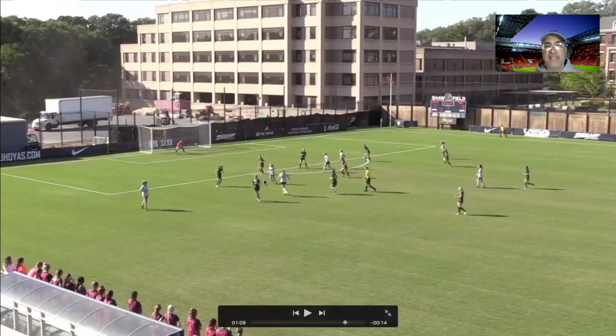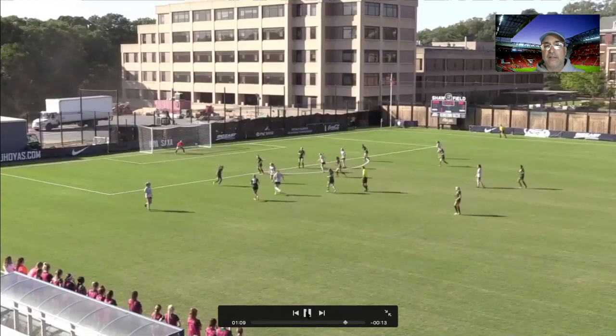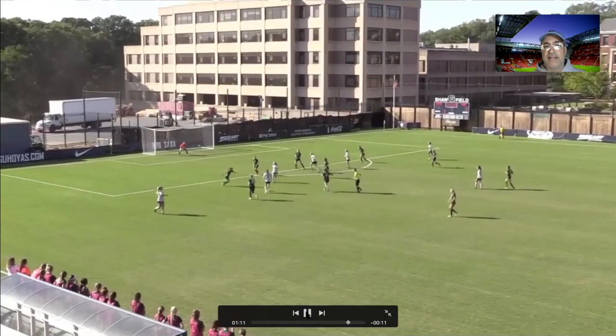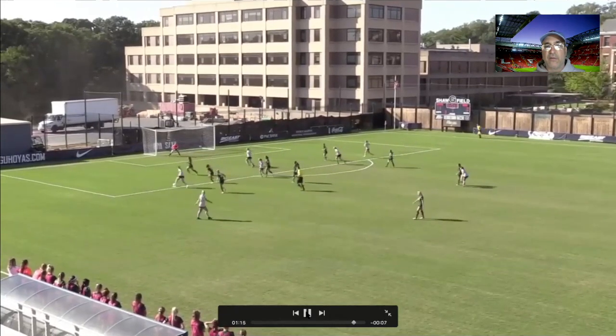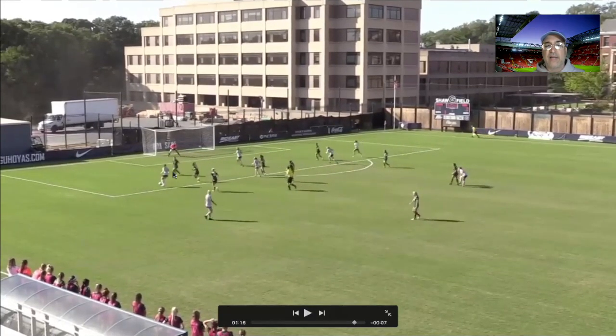And we see this mistake a lot where the outside back kind of gets sucked in, gets baited into confronting the ball, and then you're just really vulnerable to the wide side of the field. So she steps in right there. The attacker gets around on the wide side. And now the center back just doesn't have enough time to get over to affect the play.